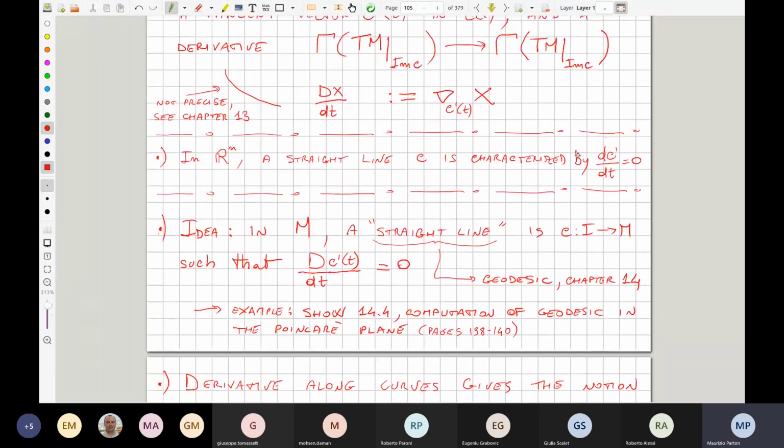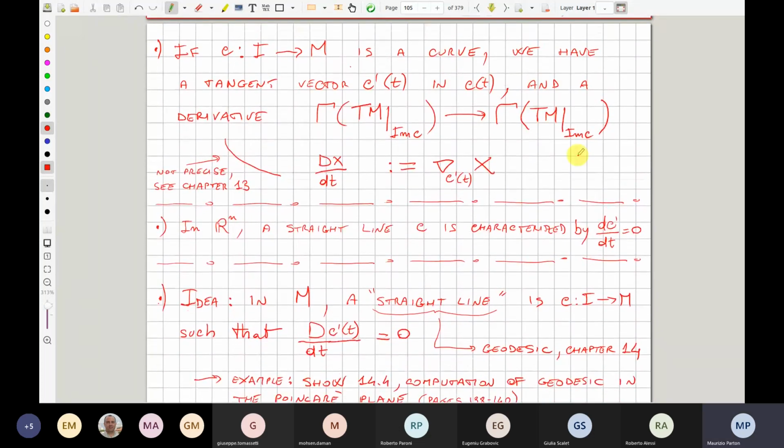Now, and we are over, please give me 2 minutes more. Well, think about this. Take a curve in the manifold. Do you have a curve, right? So you have a tangent vector to the curve. This is a tangent vector, but it's special because it is related to the curve. Okay? And you can take the derivative in this direction with respect to the parameter of the curve.